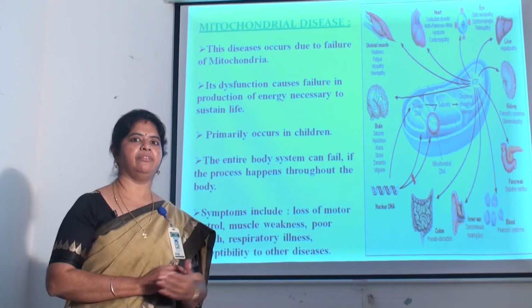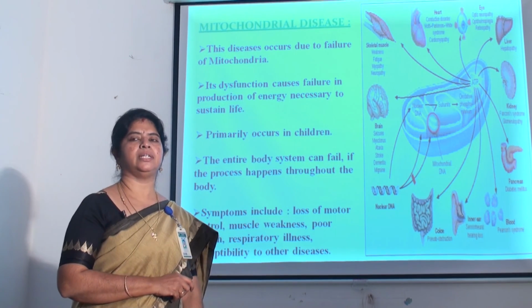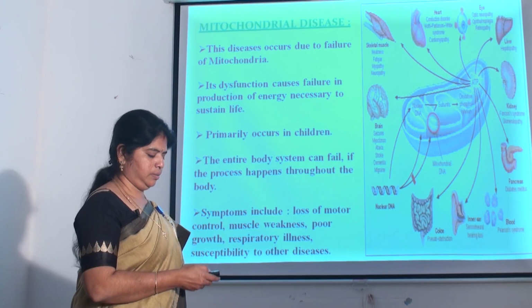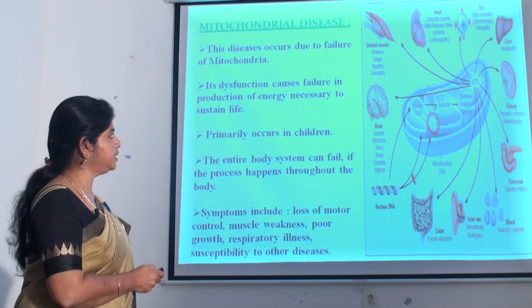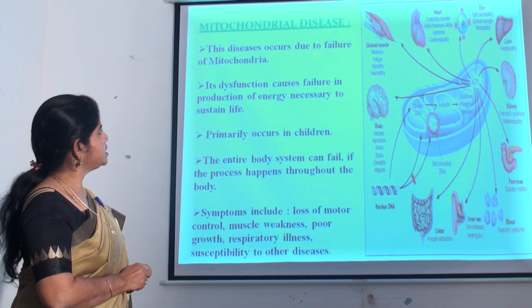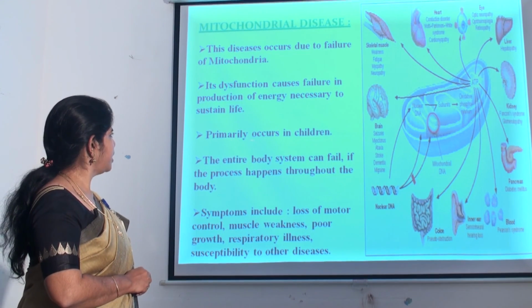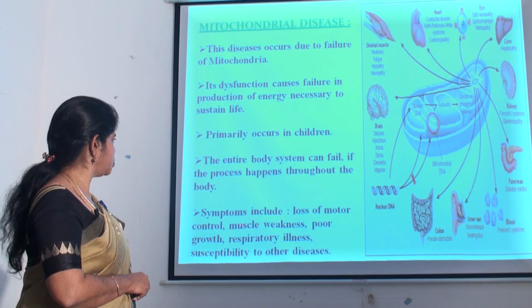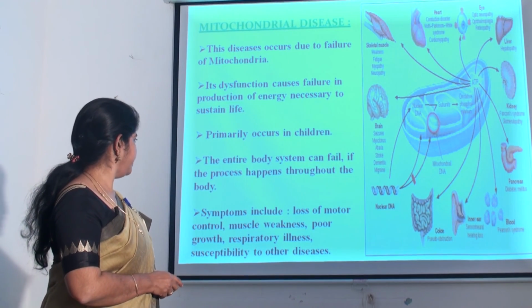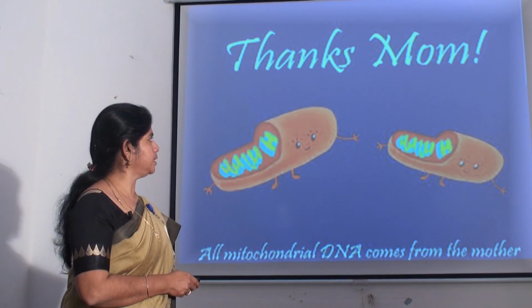For each and every normal function, the mitochondria in all the cells must perform regularly, or otherwise it leads to many diseases in our body. These diseases occur due to the failure of the mitochondria, and primarily occur in children, with muscle weakness, poor growth, respiratory illness, and genetic disorders.